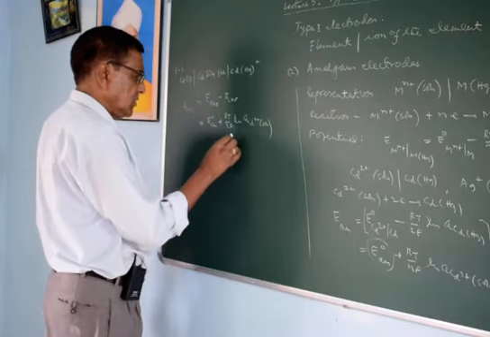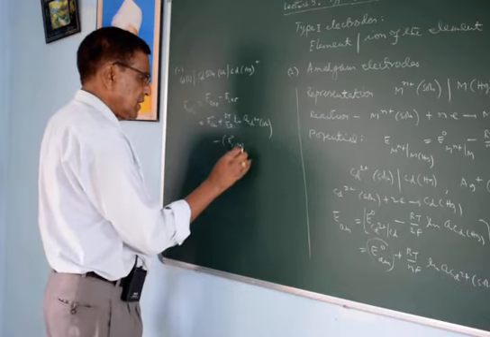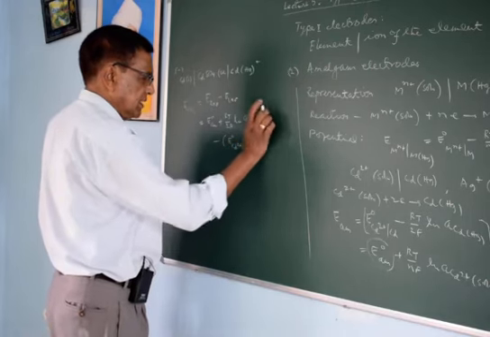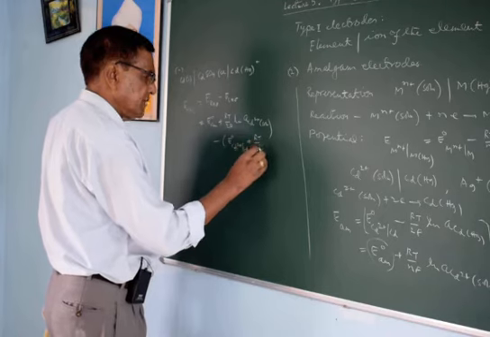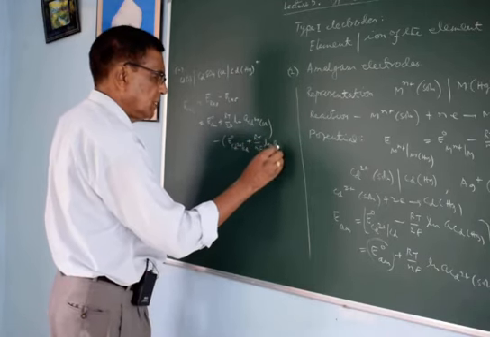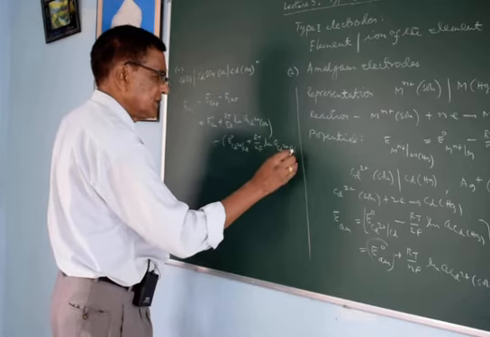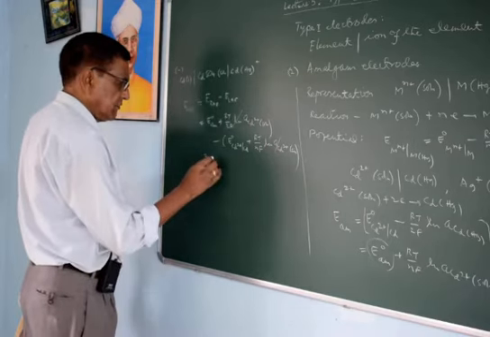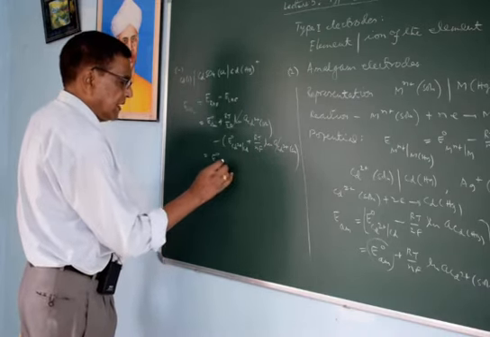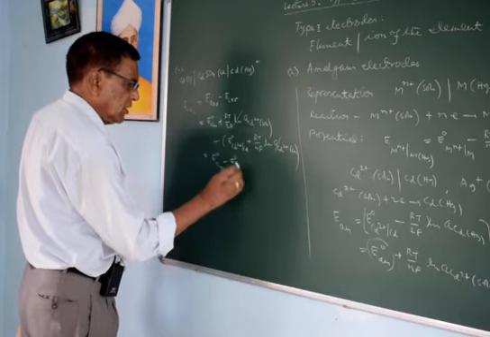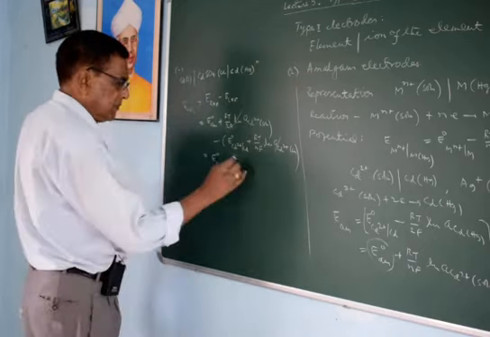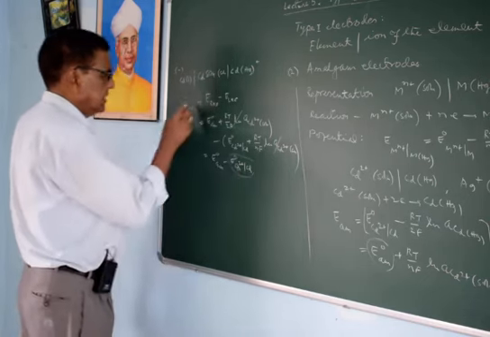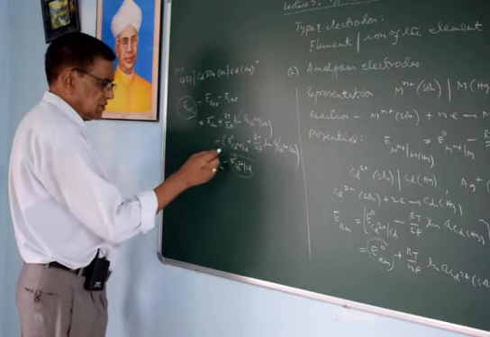And on the left-hand side we can write E naught of cadmium 2 plus | cadmium plus RT by nF into ln of the activity of cadmium 2 plus in solution. So these two terms cancel, giving the value E naught amalgam minus E naught of cadmium 2 plus | cadmium. The latter is obtained from the table, and E cell is obtained from the potentiometer, so this can be determined.